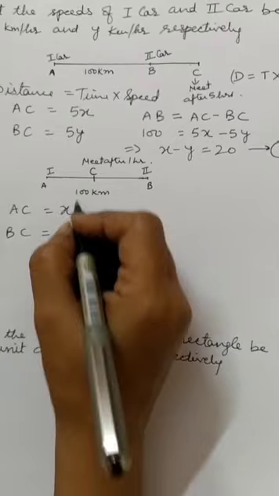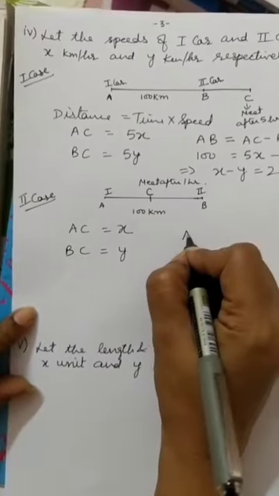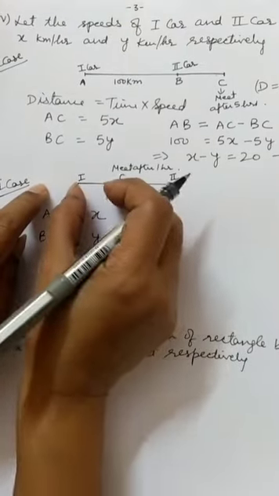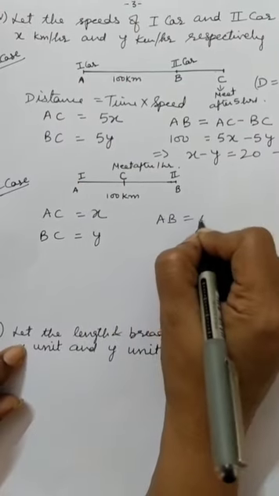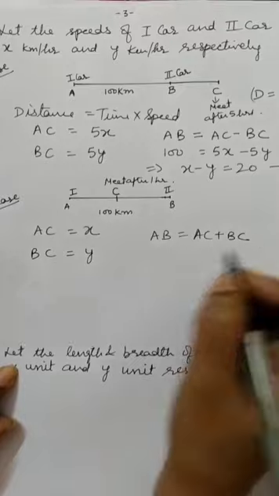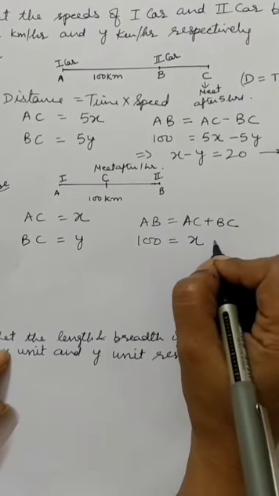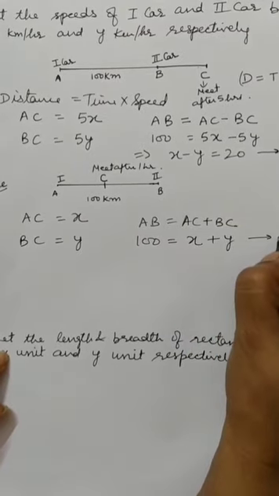Can we again write the given distance AB in terms of distance AC and BC? Yes. AB is AC plus BC. And AB was given as 100. AC is x, BC is y. We can solve these two equations.